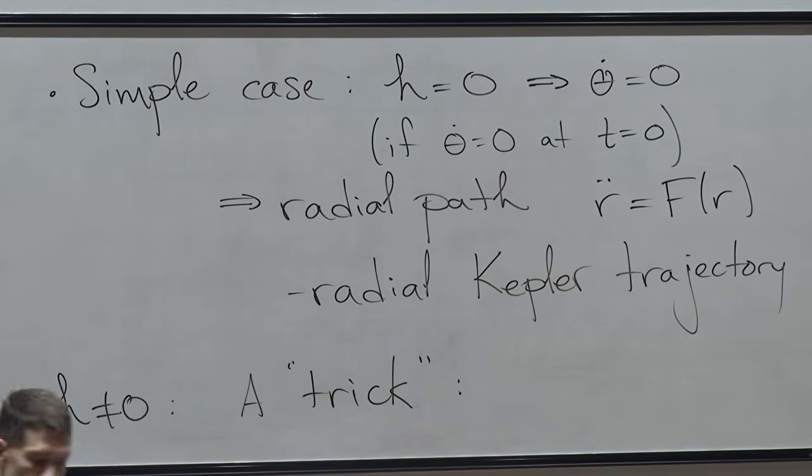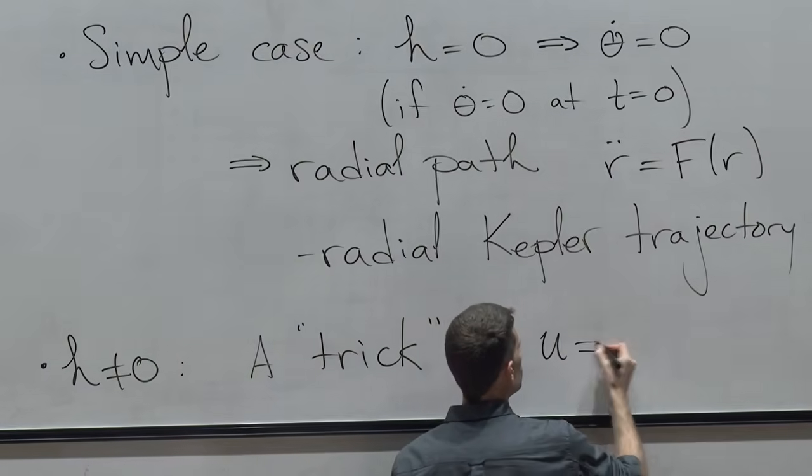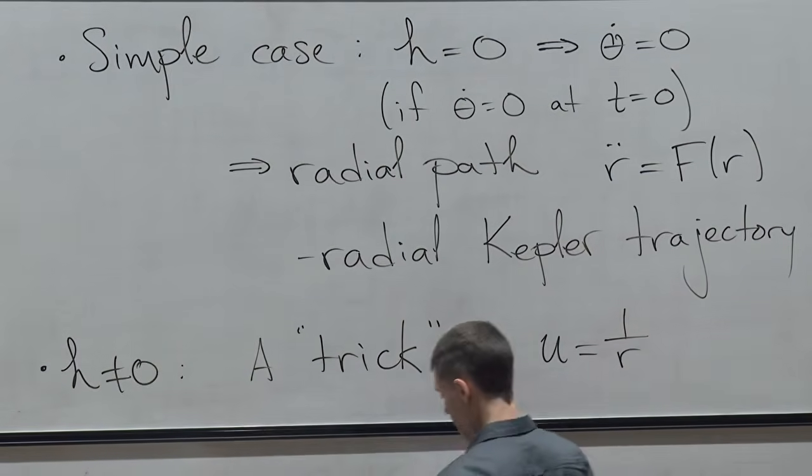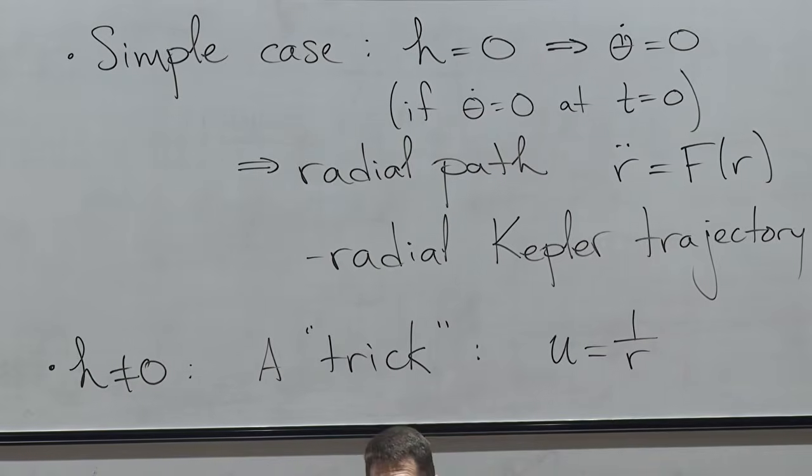The trick is I'm going to define u as the variable 1 over r. And what we'll see is, in terms of u, I'm going to do two things.